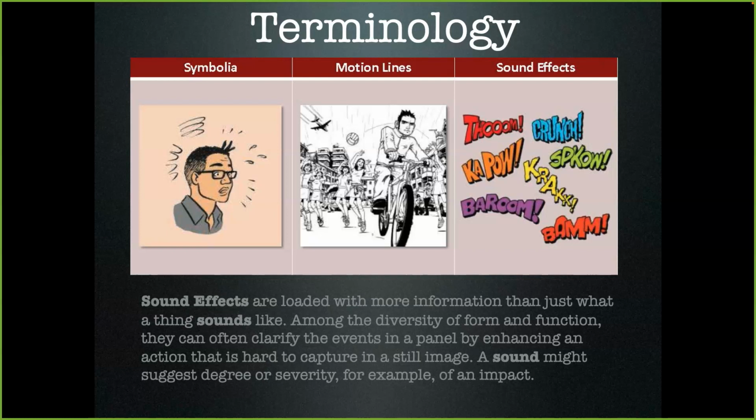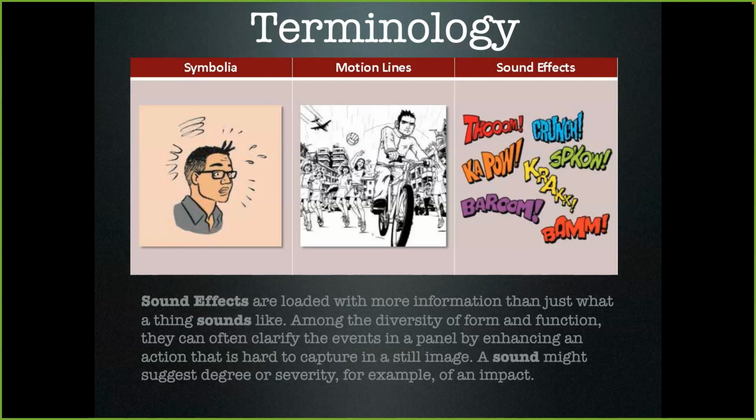And then sound effects. Sound effects are really great. These are just words that we play with and have some fun with, to make it appear kind of like the sound. Sound effects are loaded with more information than just what the thing sounds like. Among the diversity of form and function, they can often clarify the events in a panel by enhancing an action that is hard to capture in just a still image.